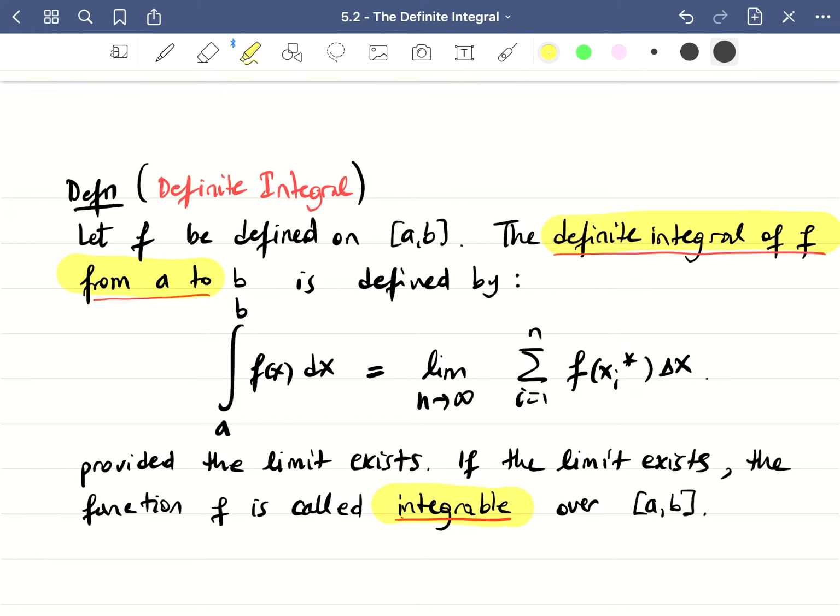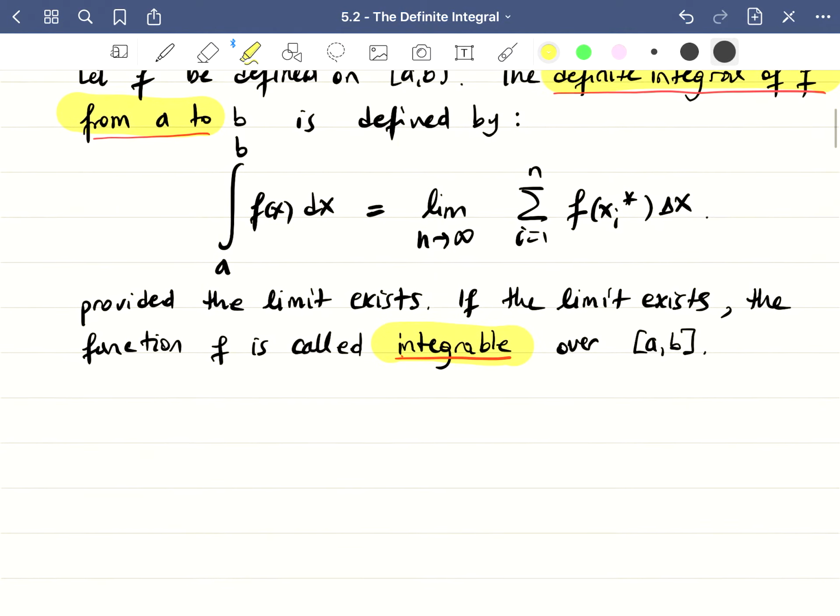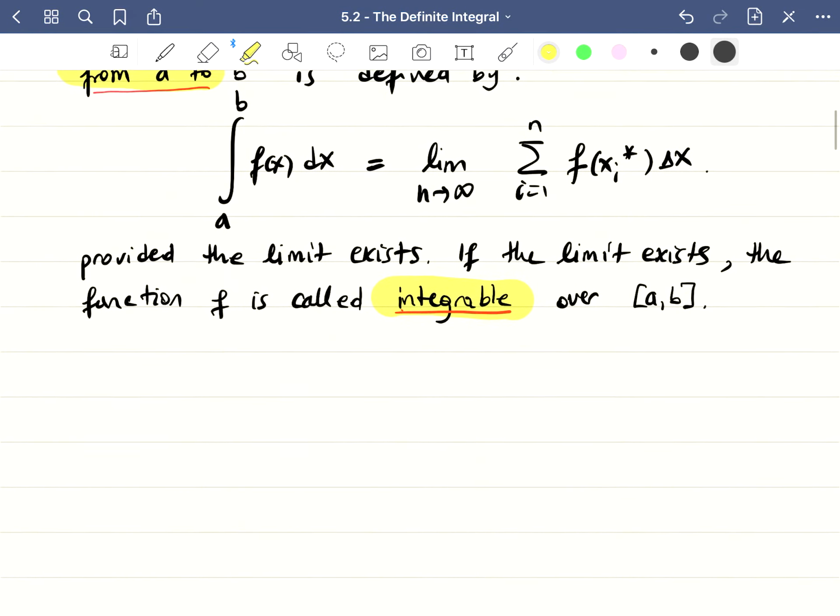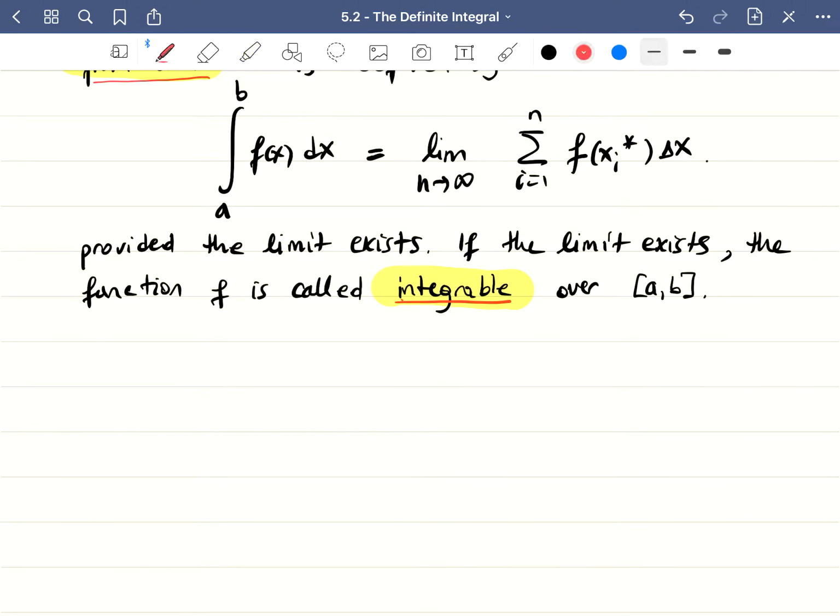Okay, so let's move on. Let me maybe first give you some terminology about this notation. I think I gave you some terminology last section, but let me do it again. So the terminology is as follows. Alright, so I have the integral sign, then I have the bounds of integration a and b, and then I have the function f of x, and then I have, let me use red color, dx here.